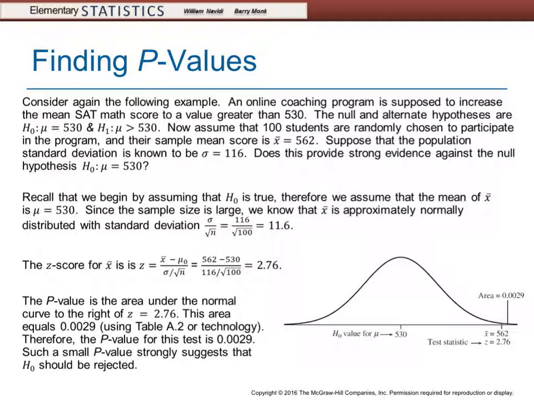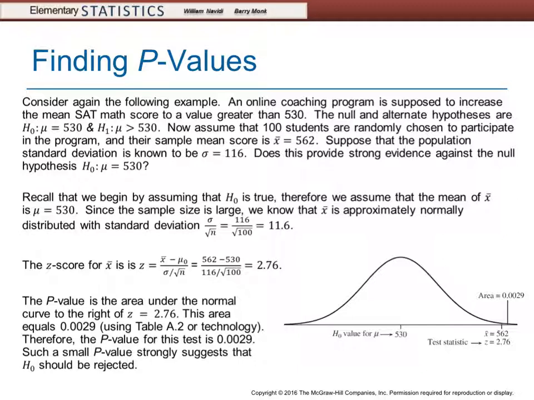Consider again the above example. An online coaching program is supposed to increase the mean SAT math scores to a value greater than 530. And again, our null hypothesis is mu equals 530 versus the alternative of mu greater than 530.